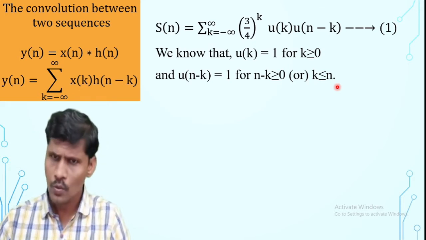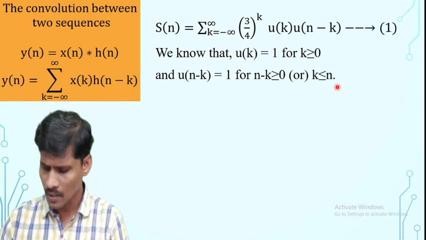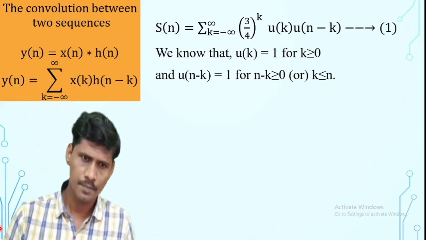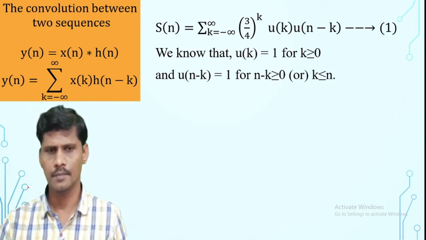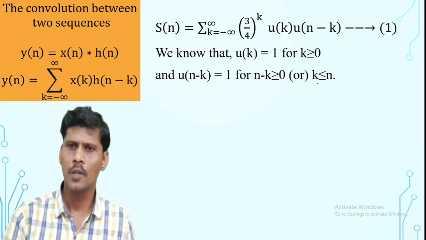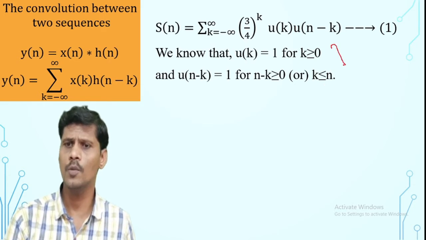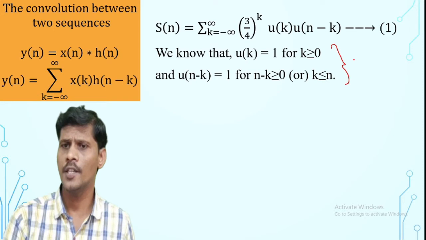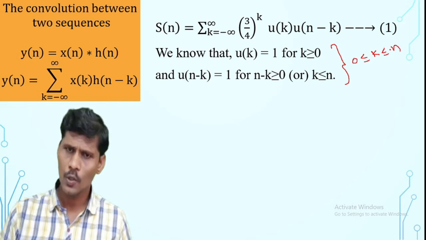So from these two terms, the range of k is 0 less than or equal to k less than or equal to n. So the range of k is 0 to n.